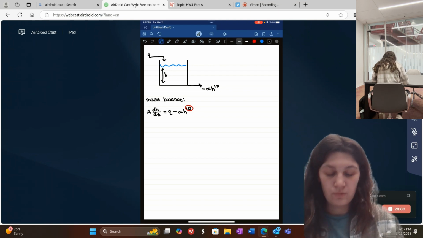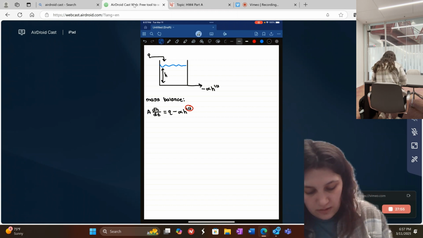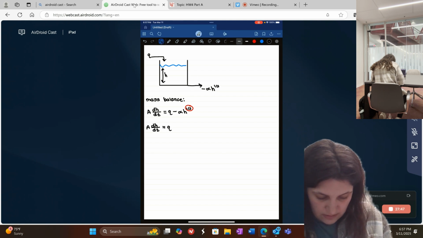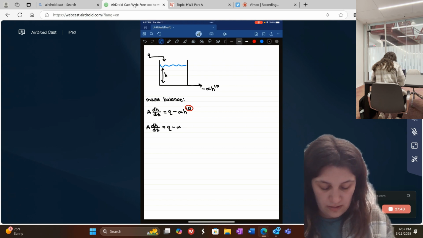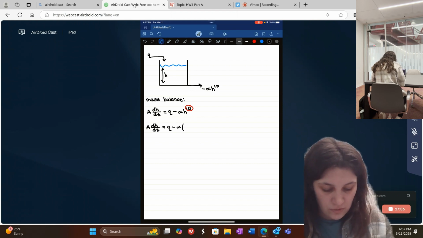And to do this, we are going to do a Taylor series expansion. So if we do that, we keep our first couple terms the same. And then for the expansion, we evaluate at the initial steady state.